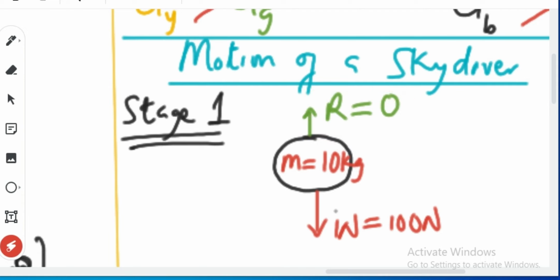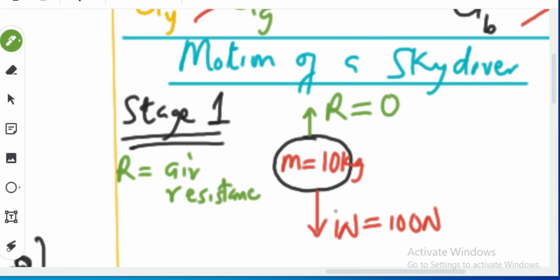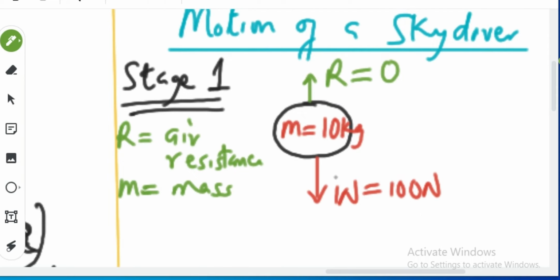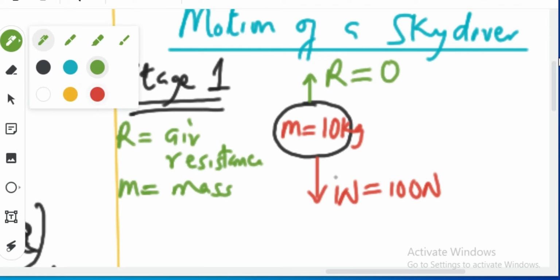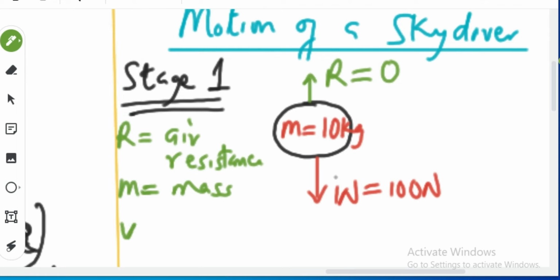Why do I need to define each of these letters I'm using? R stands for what? R stands for air resistance. M stands for what? Mass. W stands for what? Weight. What other force have I used?